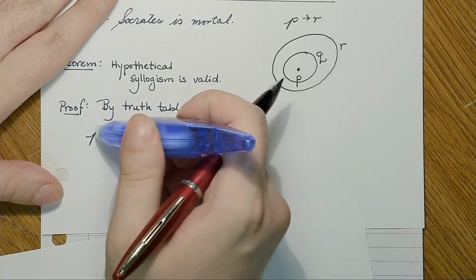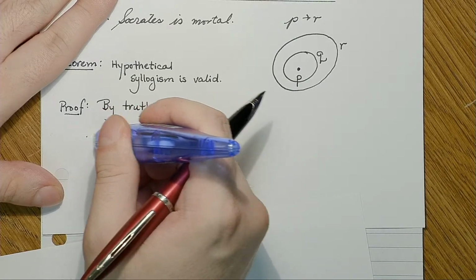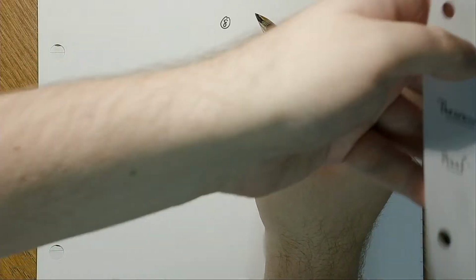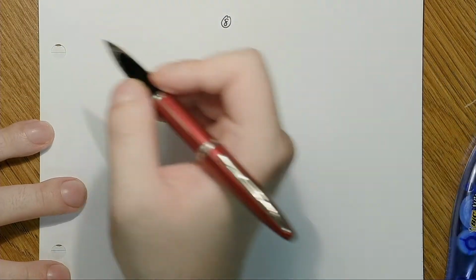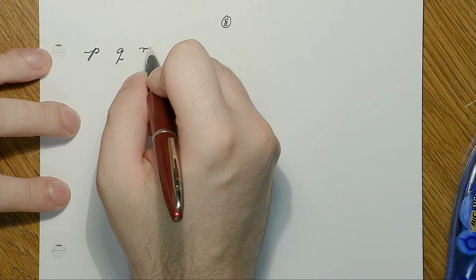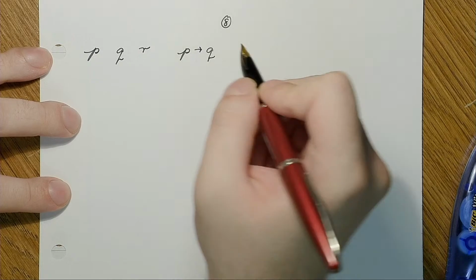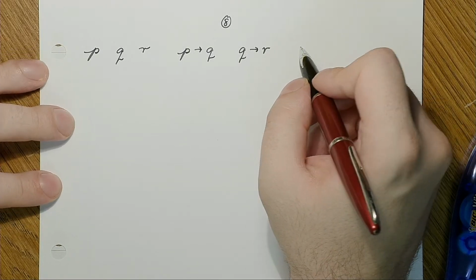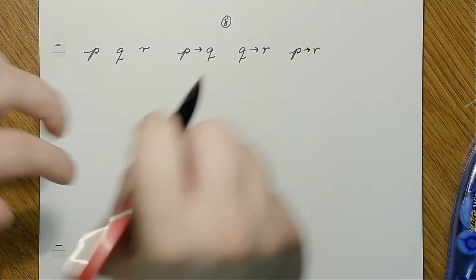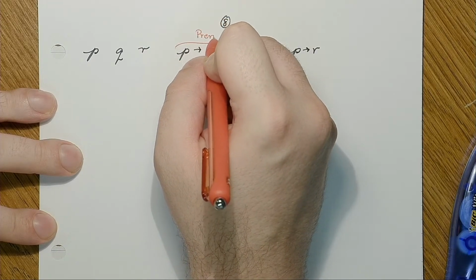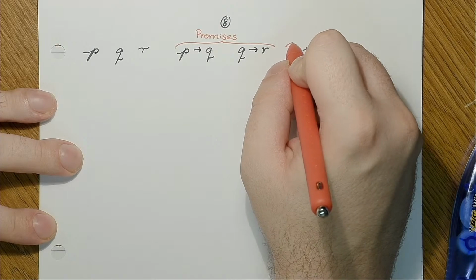So we have three prime propositions, P, Q, and R. We have P implies Q. We have Q implies R. And then the conclusion is P implies R. So again, don't forget, these are the premises. And here's the conclusion.